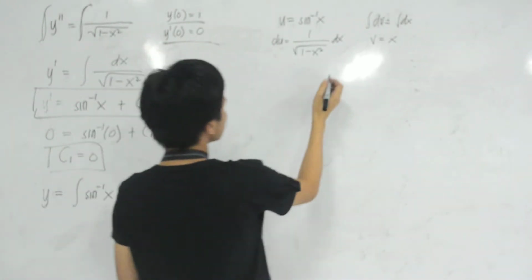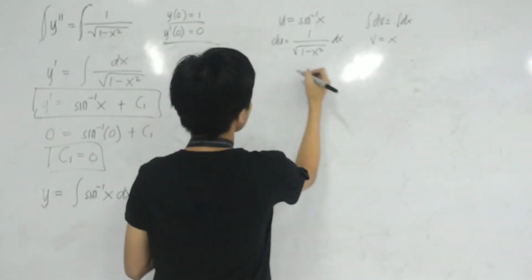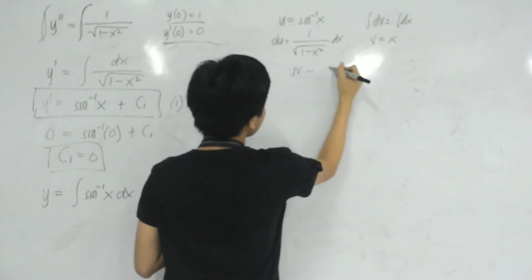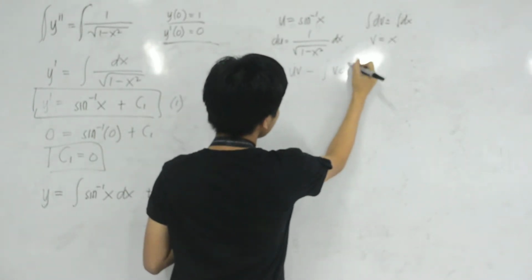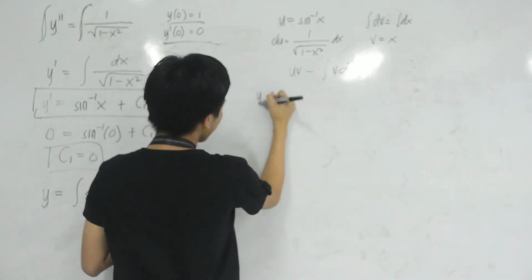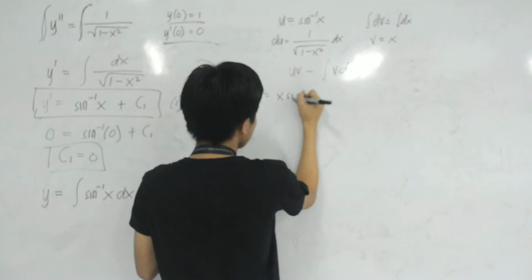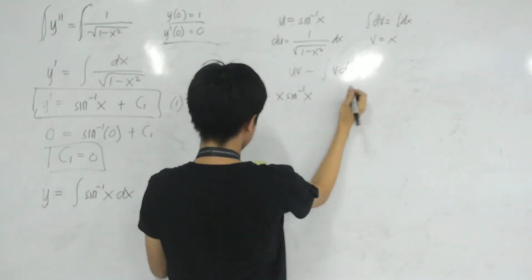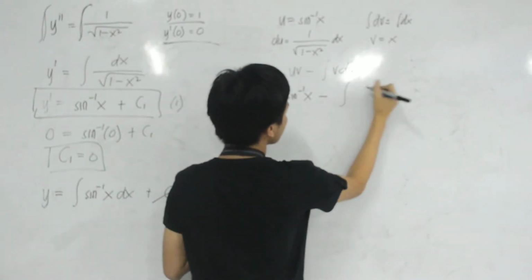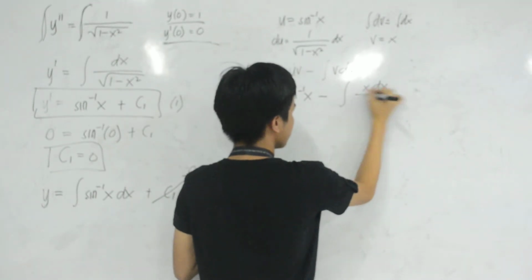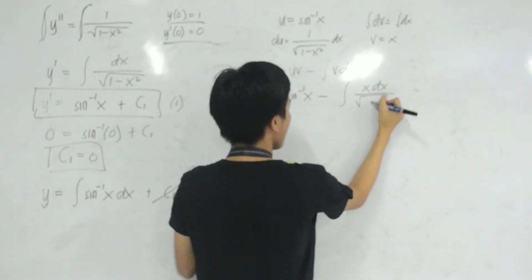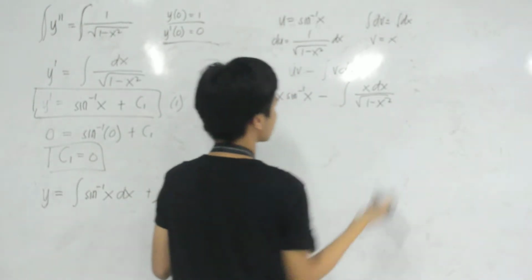By substituting the data into the form uv minus integral of v du, y is equal to x sine inverse of x minus the integral of x dx over square root of 1 minus x squared.